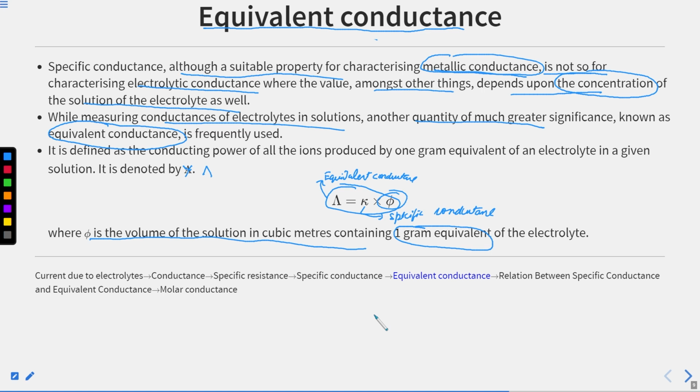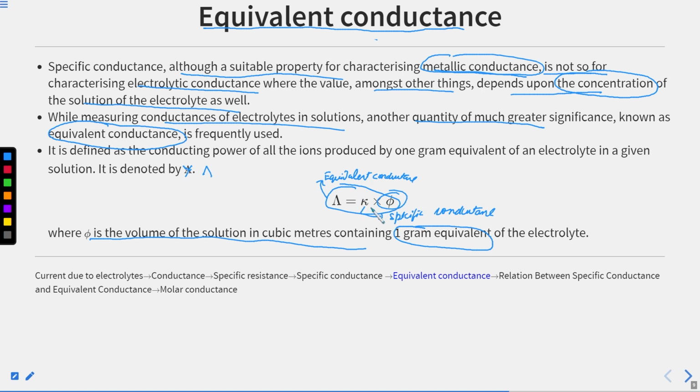What we are interested in is finding the conductance that is offered by 1 gram equivalent. So if we divide the specific conductance kappa by the equivalent concentration, you will get it like this.